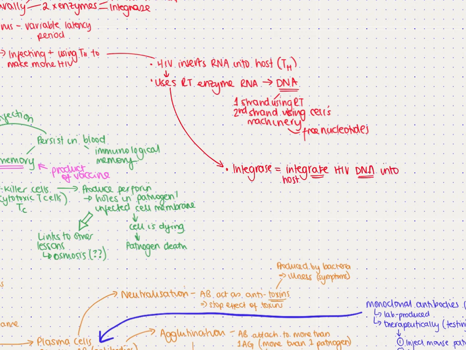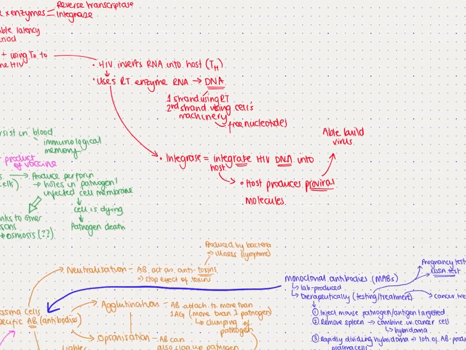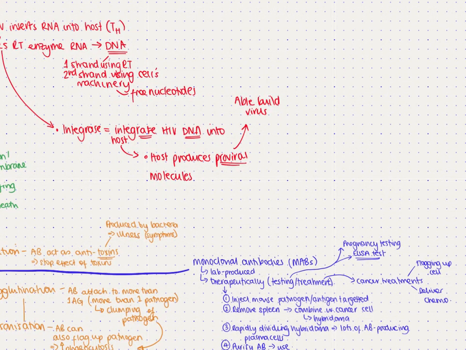And what this does is it means that now the host produces proviral molecules. Okay, and the proviral molecules means that these are able to produce a virus or able to build a virus. Okay, so these are bad things to be making. The host produces proviral molecules and then they're used to build new viruses.